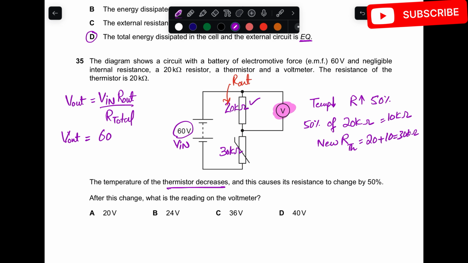So this thing is 20. You can write the kilo as well if you want to, and R total will be the 20 plus 30 is 50 kilo ohms. Okay, so doing the calculation, it will give you 24 volts. It's option B, that is correct.